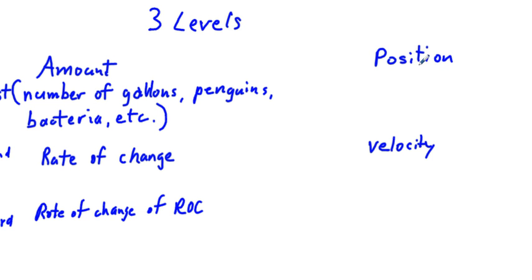And with regard to position and velocity, the rate of change of the rate of change is called acceleration. So in calculus language, we would call this first level the original function.